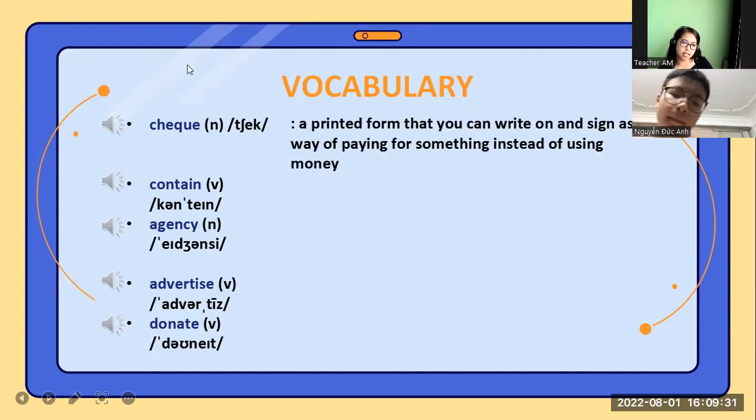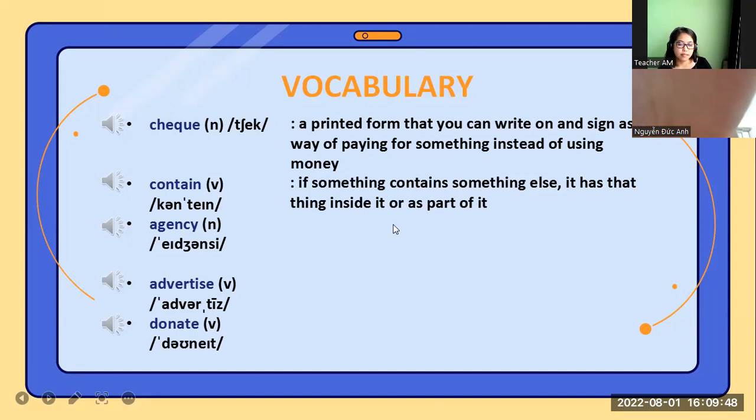Okay, so a check is a printed form that you can write on and sign as a way of paying for something instead of using money. Okay. So next we have contain.